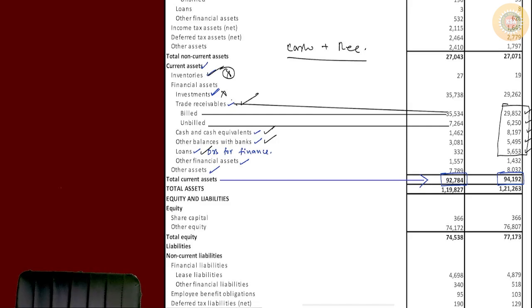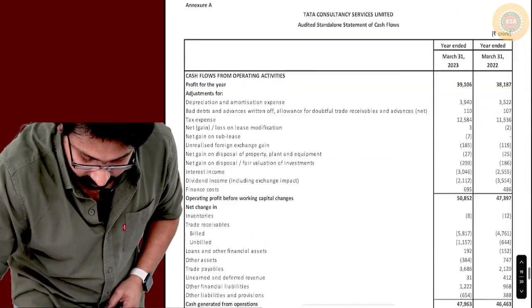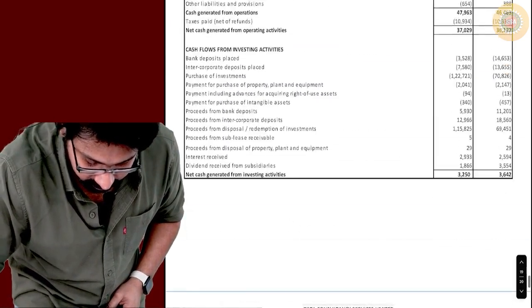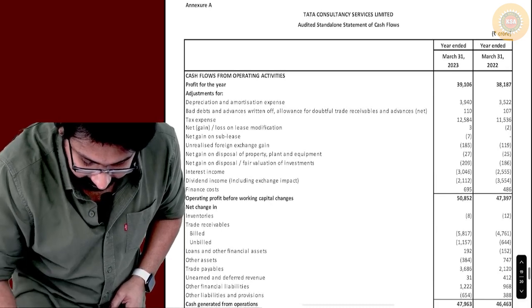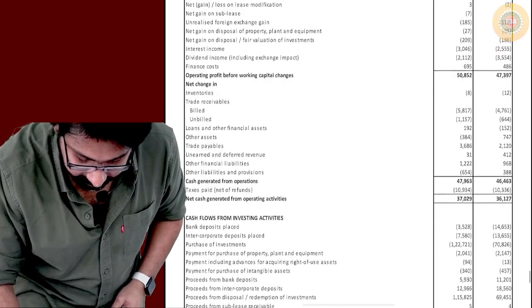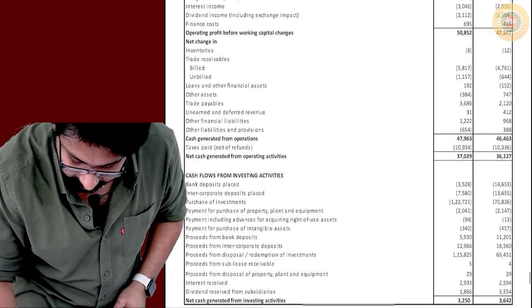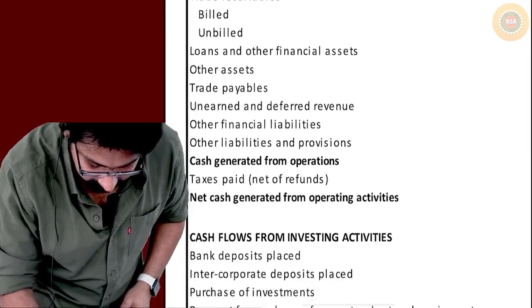Which statement? See here. Which statement is this? Cash flow statement. See here now.